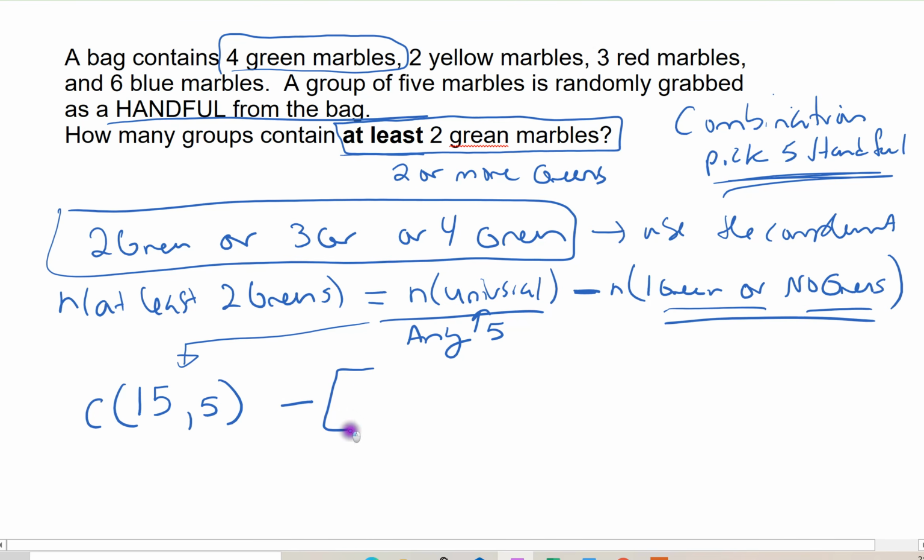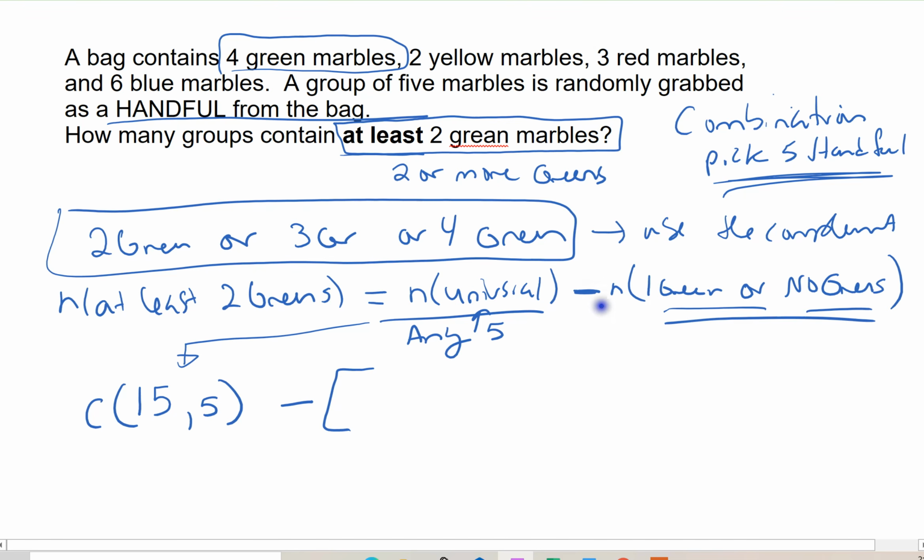Then I'm going to subtract away the outcomes I don't want. The outcomes I don't want are anything with a handful with less than 2 green marbles. So I'm going to throw out the handful that had 1 green marble, and I'm going to throw out the handful that had no green marbles. And so I'm going to figure that out here. I'm going to put brackets around it because I'm going to subtract the whole set. So I've got to make sure I'm careful with my subtraction.